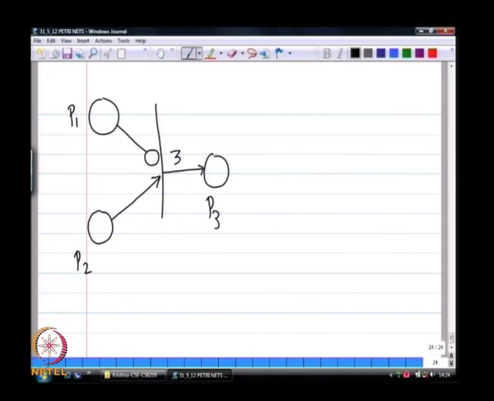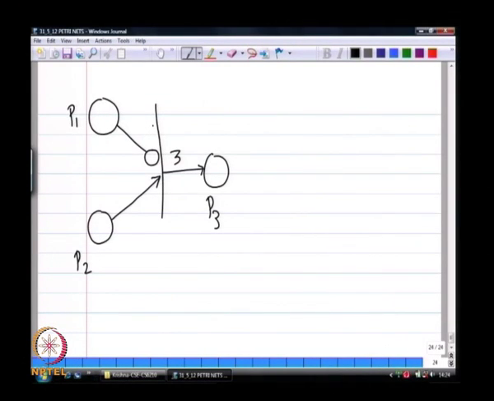So what will be the behavior of this system? The definition is, if I do not specify the arc's weight, it is equal to 1, and by definition an inhibitor arc will fire if the number of tokens is strictly less than the weight of that arc.